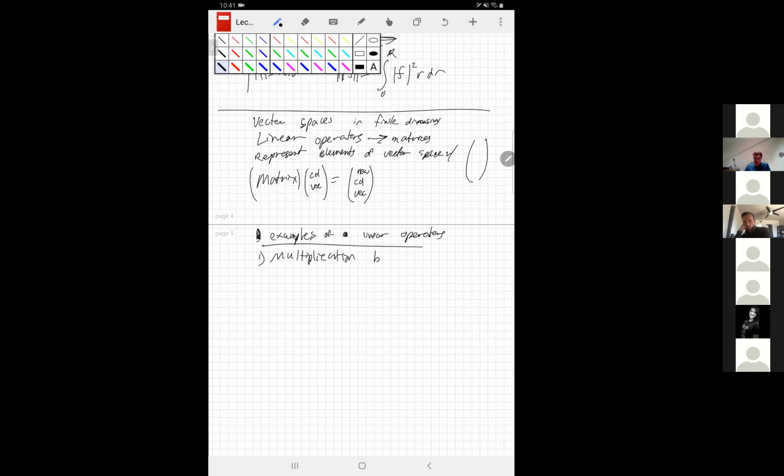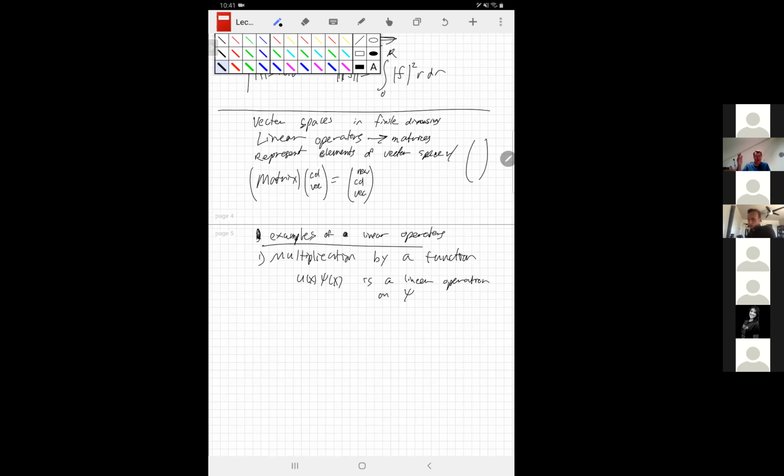Multiplication by a function. U of x times psi of x is a linear operation on psi.